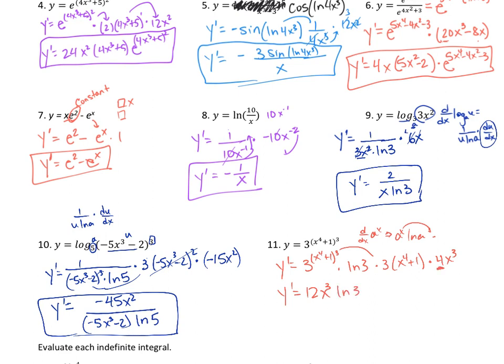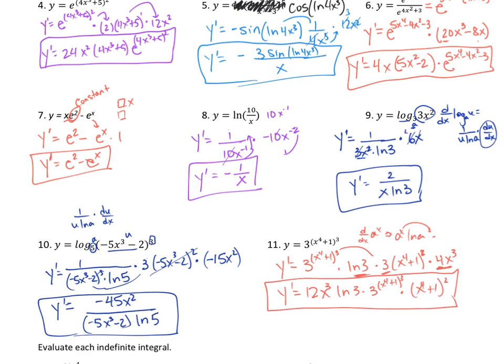I got the 12 from here, and there's the x cubed, and there's the ln 3, times 3 to the x fourth plus 1 cubed power times this x to the fourth plus 1. Actually, this would be a squared. I just realized I didn't put a squared there. This is squared.